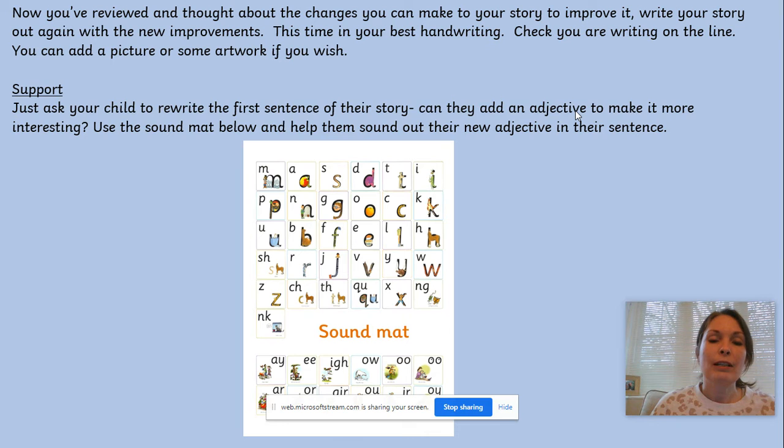So rewrite what you can, but make it manageable for you and your child. If the whole story is too much, then just break it into fragments that are manageable for you. For some children, that will be a sentence. For some children, rewriting the beginning will be enough. For others, it could be the beginning and the middle. For others, it will be the whole story, but you choose what suits you and your child.